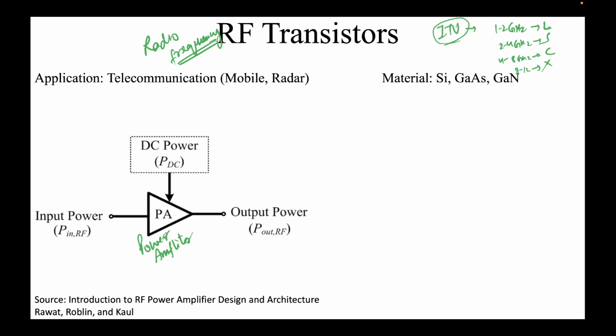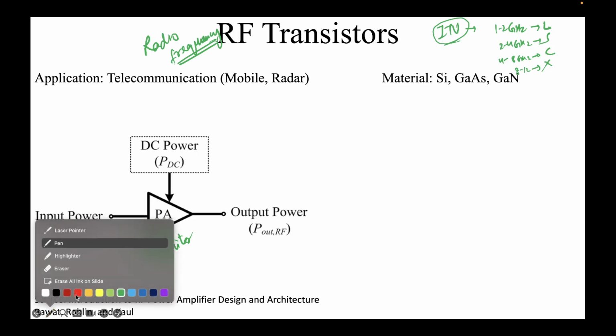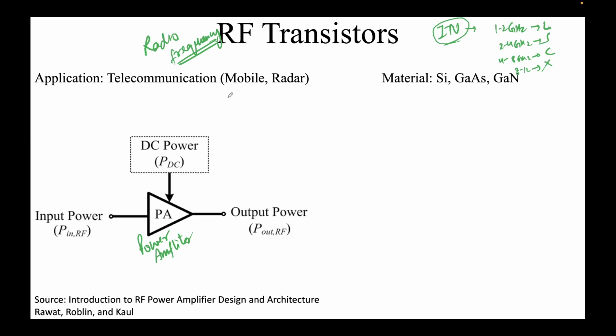It needs to be there to operate this circuit or even a transistor for that matter. Hence it requires some DC power, and it will amplify the power, and what we get is the output power. Right? So for output power, there are certain terms involved. I should write them here where I have space. There's something called the drain efficiency.